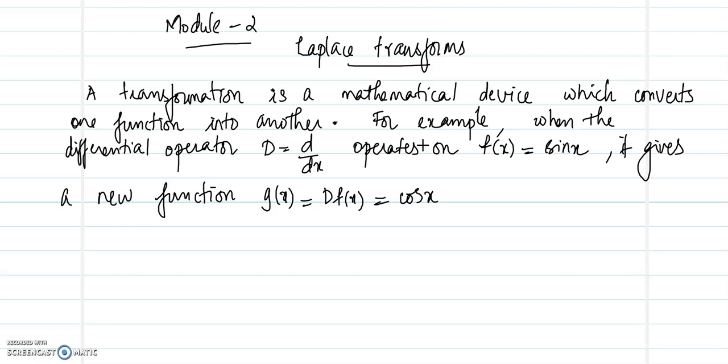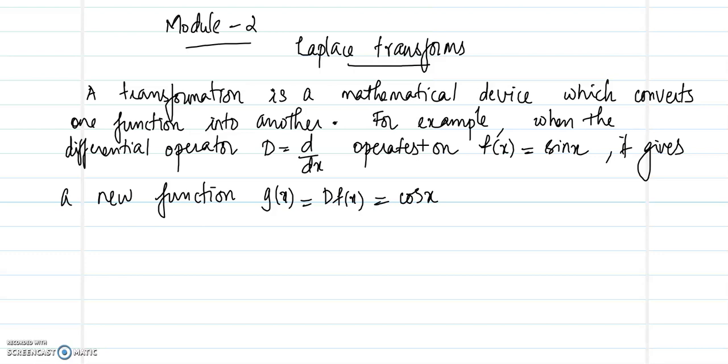Then we'll look at the inverse Laplace transform. If we are given the Laplace transform, we'll go back and find the original function. That is done in the inverse Laplace transform, and these ideas are used for actually solving ordinary and partial differential equations.